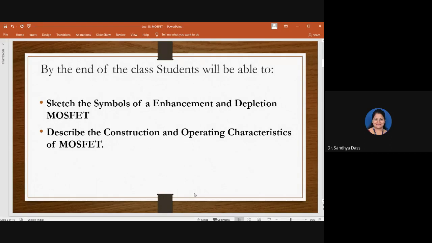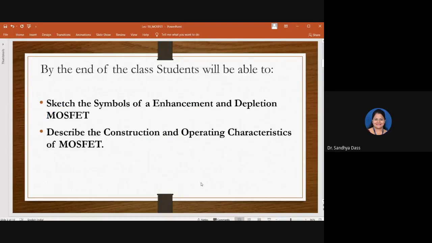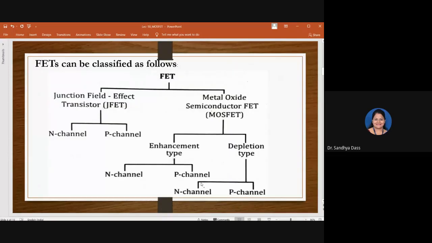Okay, so today we are discussing MOSFET, metal oxide semiconductor field effect transistor. If you recall, I had given this classification earlier. So FETs are classified into JFETs and MOSFETs, where MOSFETs are again further classified into enhancement type and depletion type.